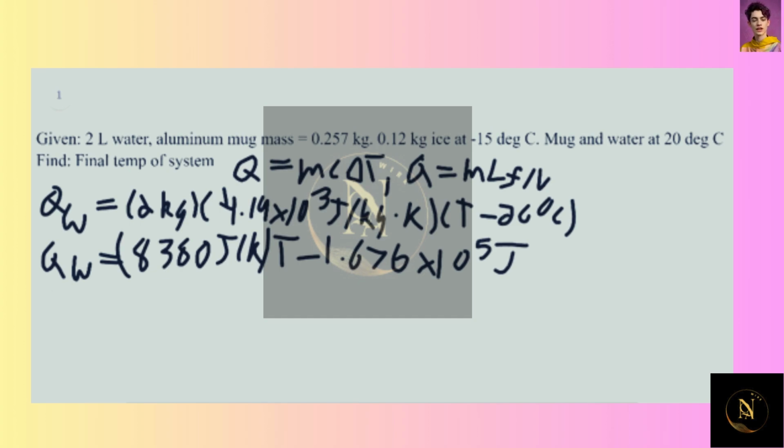QM equals, no phase change, so just MC delta T, M 0.257 kilograms.